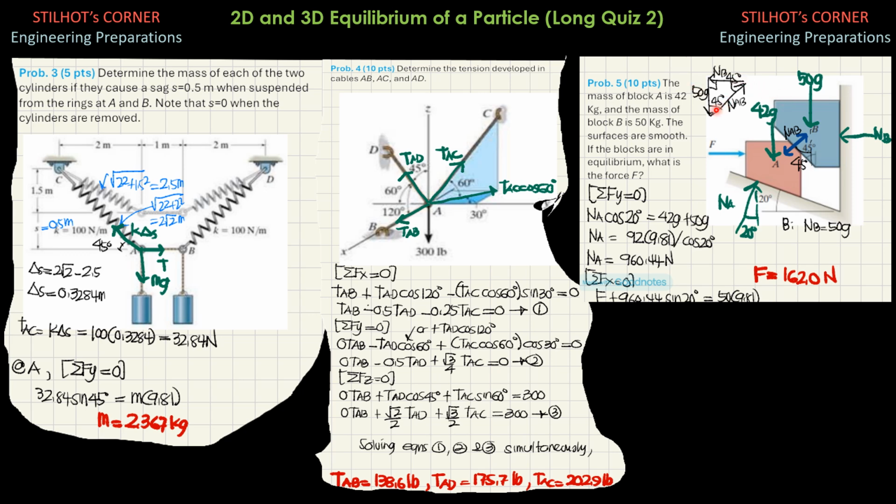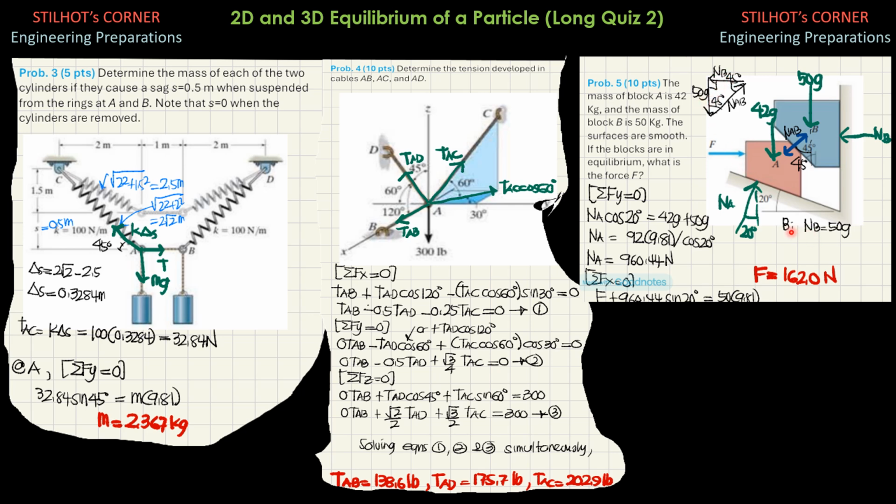Since these angles are 45 degrees and that's 90 degrees, when one angle of a right triangle is 45 degrees, the opposite and the adjacent sides are equal. Therefore, NB is also equal to 50G.